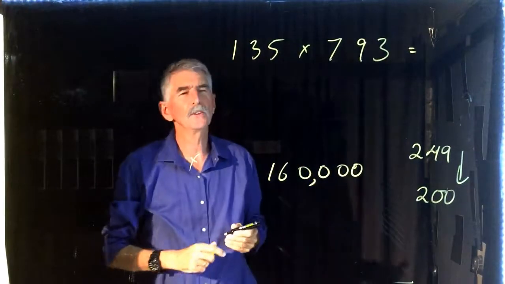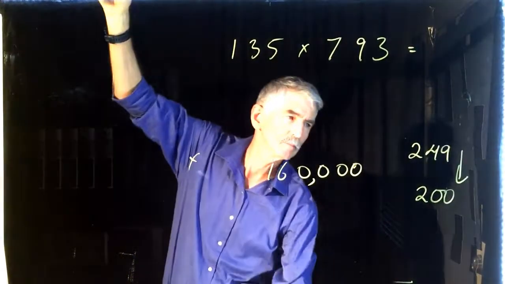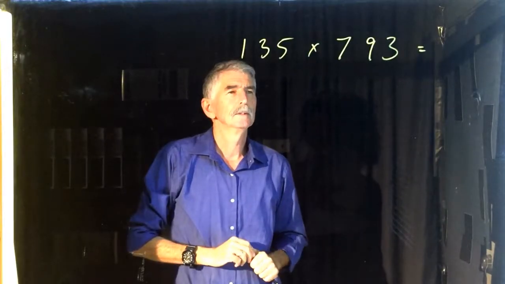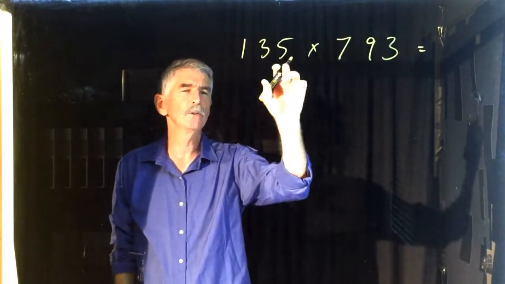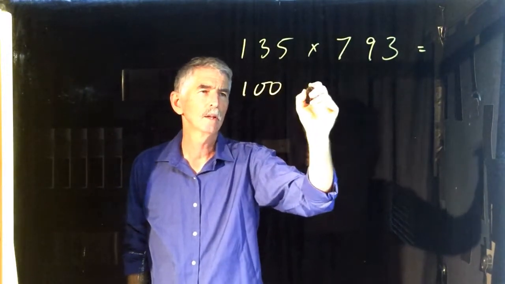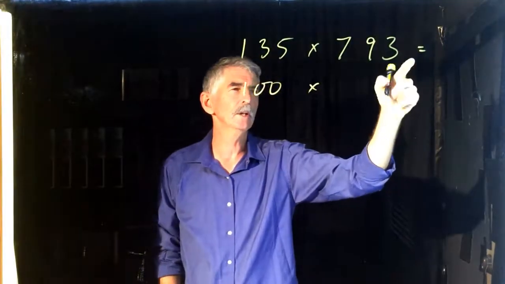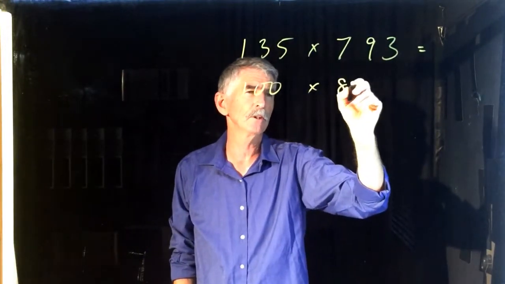So first of all, write that down as an estimation and then do it as a calculation. Right, so now that you're back with us, let's do our rounding off first. So 135, because it's less than 150, is going to round off to 100, multiplied by 793. Now 793 is greater than 750, so we're going to round that up to 800.